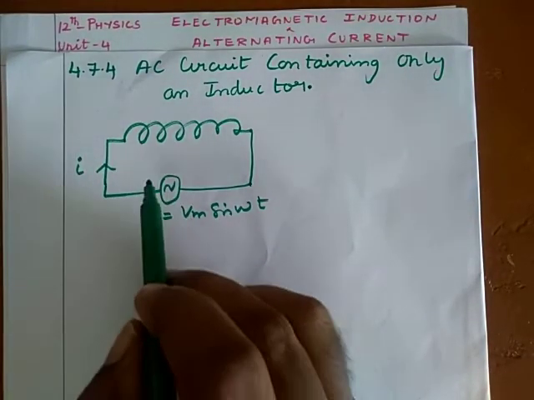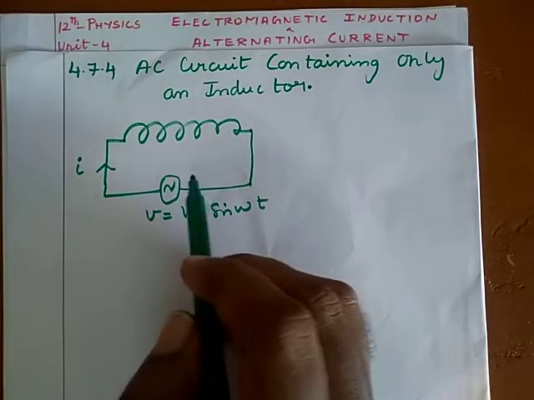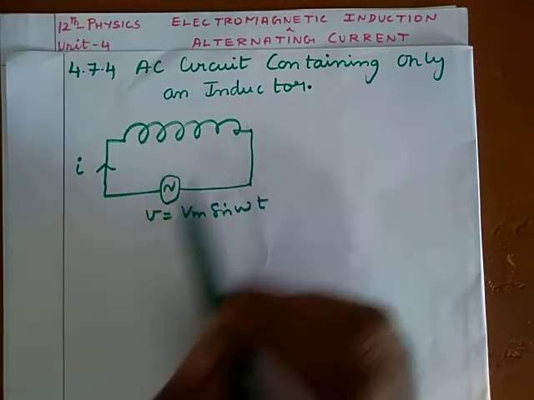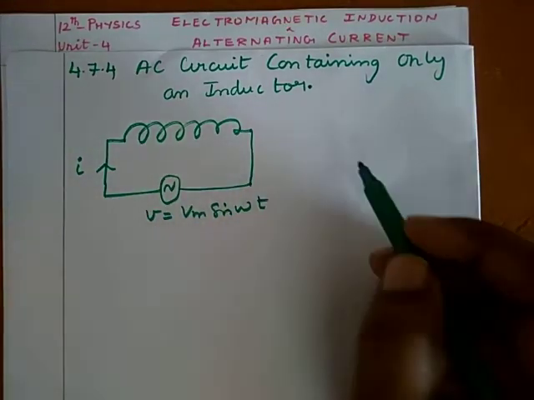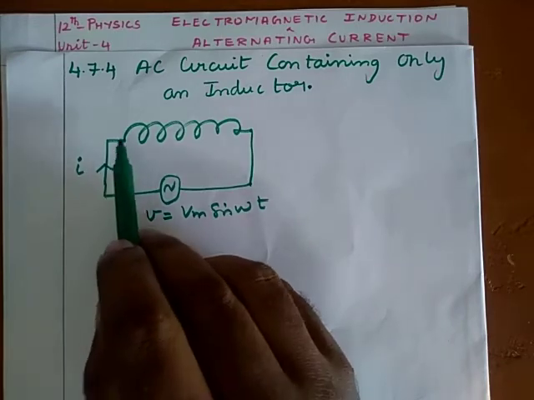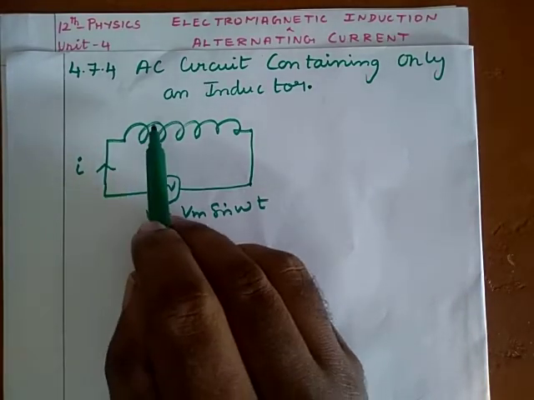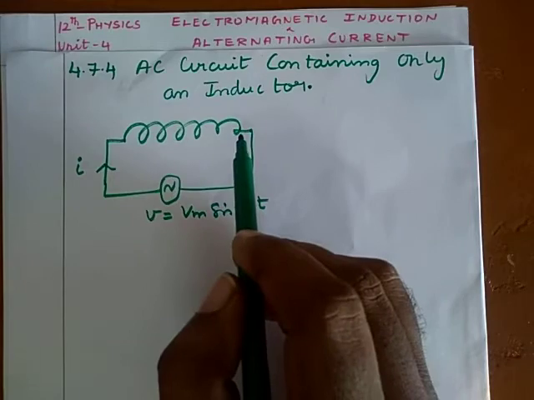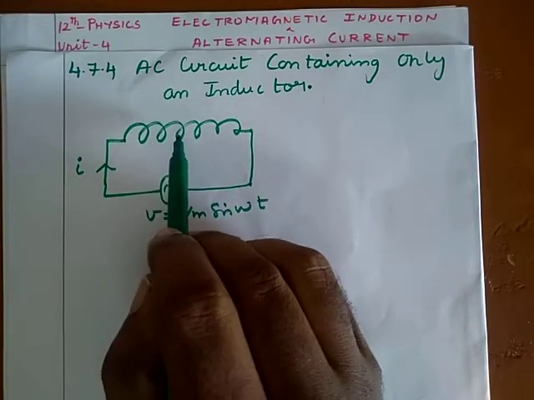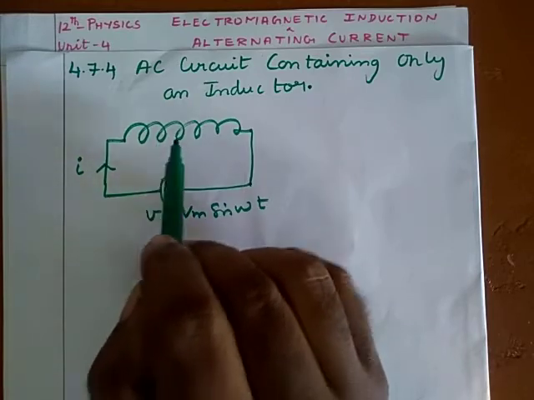Due to this alternating current flow, the inductor induces a self-induced EMF, or back EMF. We know it is an alternating current, so due to the change in current there will be a change in magnetic flux. Due to the change in magnetic flux it will produce an induced EMF in the coil, that is known as self-induced EMF.